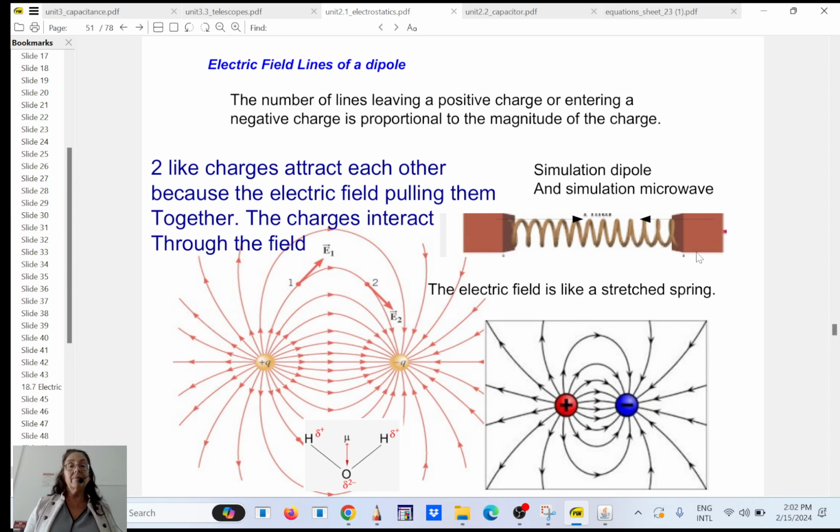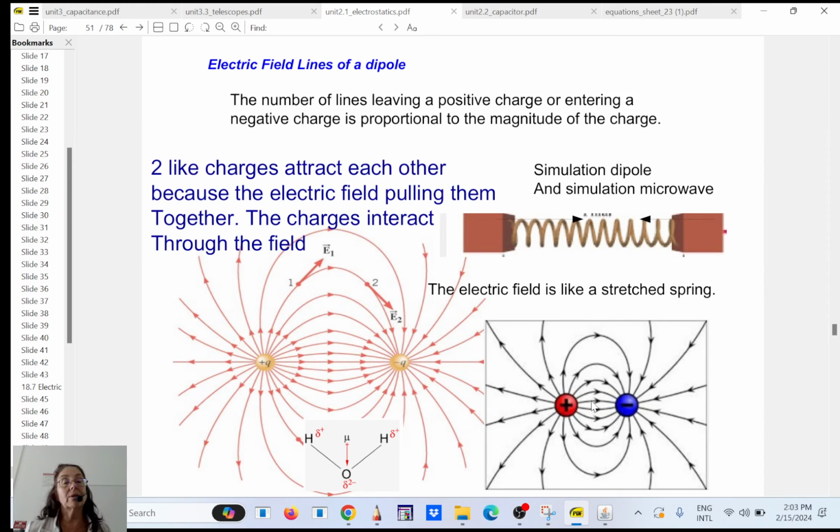So it's behaving like a stretched spring. It wants to bring the two charges together. Okay, so this is very important and it's called a dipole.